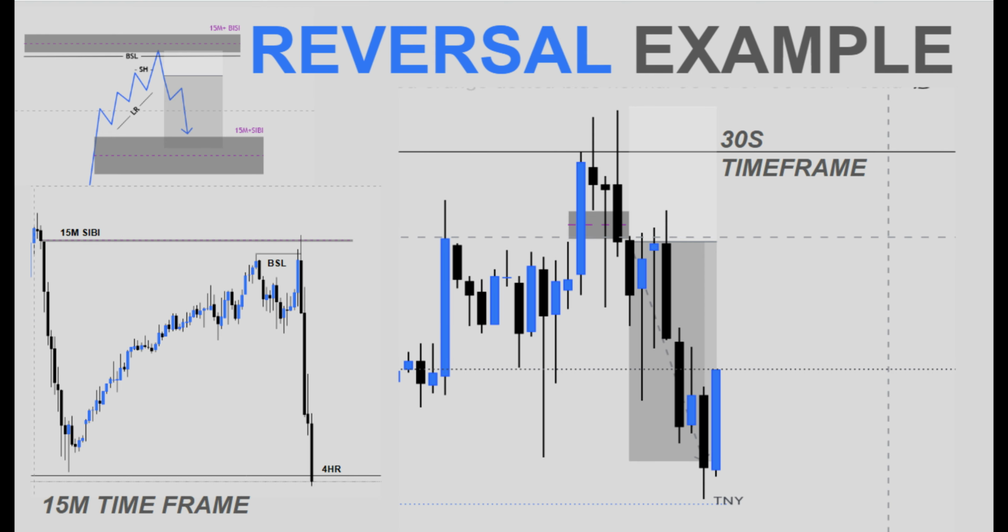Okay, this is an example from a 930 Judas swing. We had a 15-minute gap above, right? And we also had buy side liquidity above, right? So we went up, swept into that, swept the gap, and swept the buy side liquidity, and then ended up dumping, right? Targeting some LR and a 4-hour very, very far away.